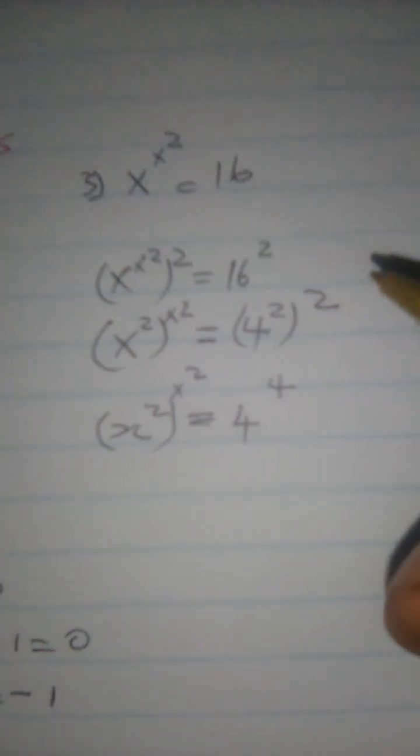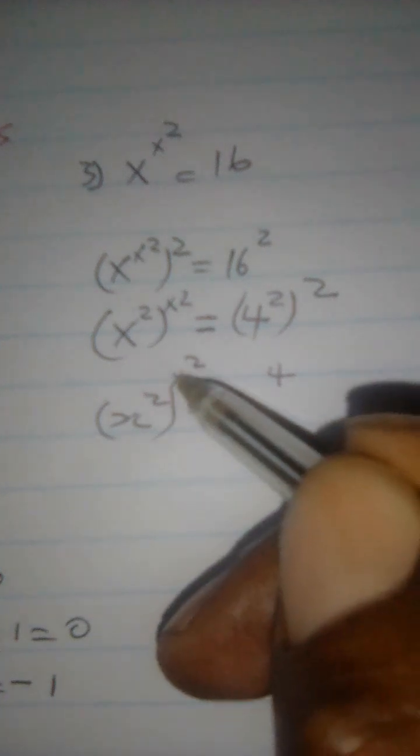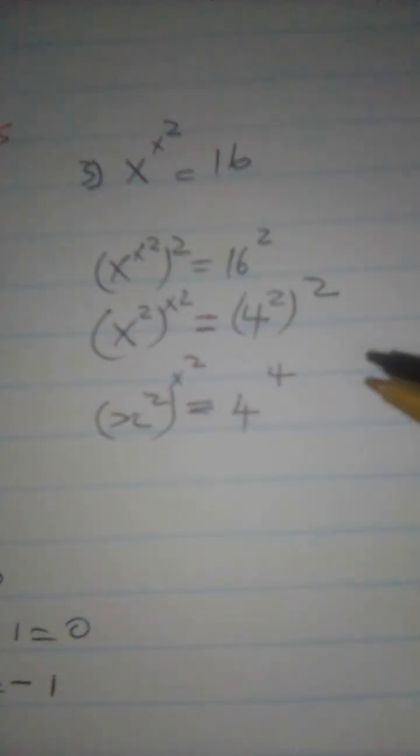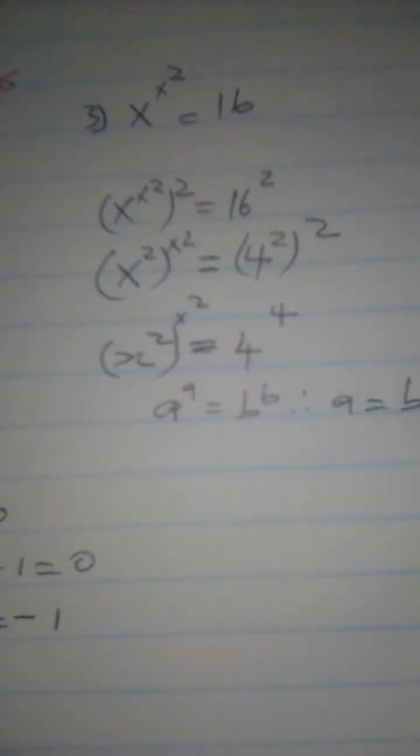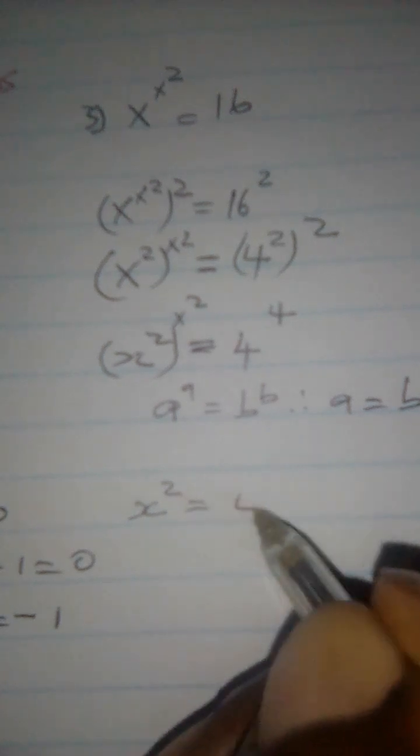So we can see from here, anytime when I have x squared, I have 4 in the base, and then the power x squared equal to 4. So we're gonna write our law of exponents that anytime I have a raised to a, which is equal to b raised to b, therefore a equals to b. So in this case, x squared equals to 4.